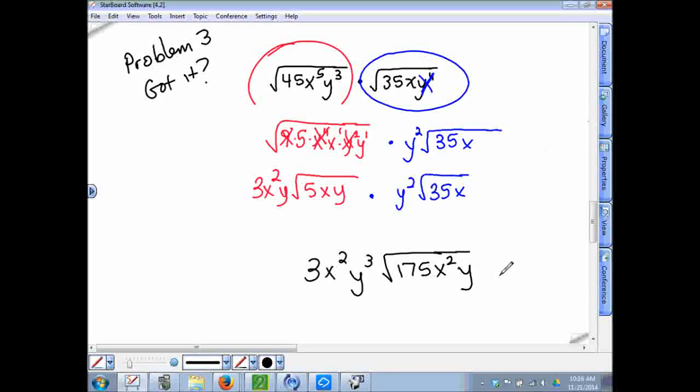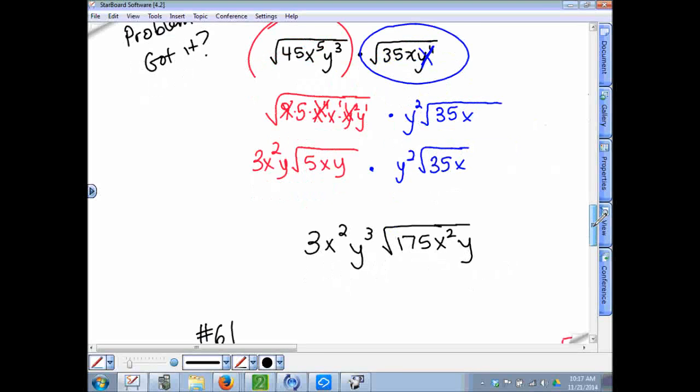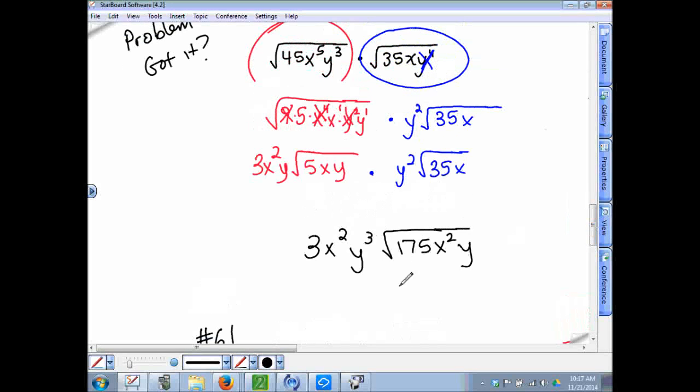All right, take a look at the 175. Is there a number that multiplies to something else to equal 175? If you have $1.75, how many quarters do you have? You have 7 quarters, so 25 times 7 is 175. What's significant about that? 25 is a perfect square, so now we need to do one more teeny tiny round of simplifying.